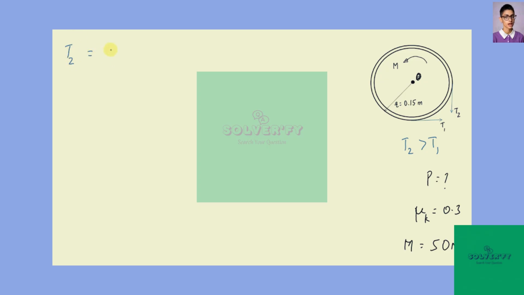So T2 will be equal to T1 times e to the power mu k into theta, and in this case theta would be 270 degrees, that means 3 pi by 2. So from here we'll get the expression for T2 as T2 is equal to T1 times e to the power mu k, we have 0.3 times 3 pi by 2.